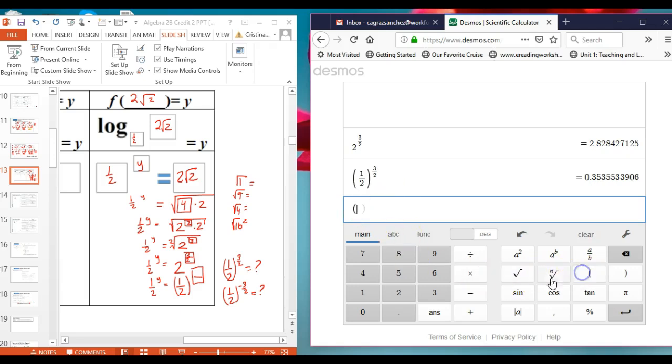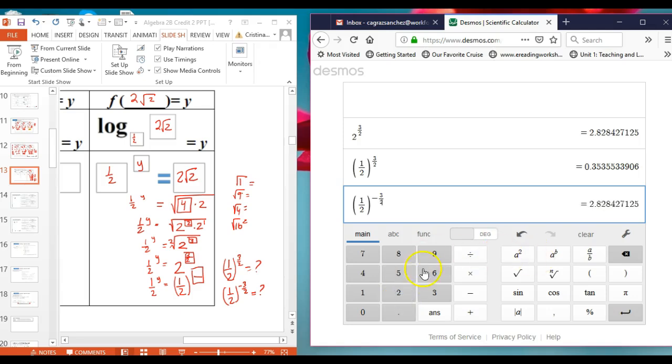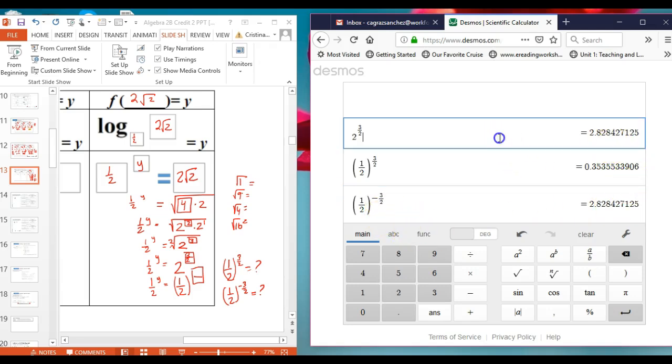Let's go ahead and do 1/2 to the -3/2 power. Now you see how I did that? I could also use the fraction key, or I could write the division key, and it still does the same thing. Well, wouldn't you know, this one and this one, they're both the same value.